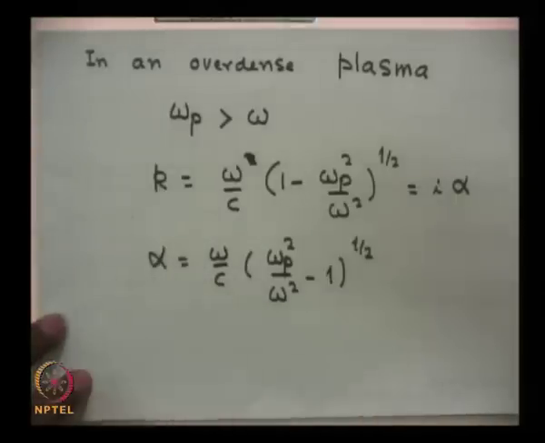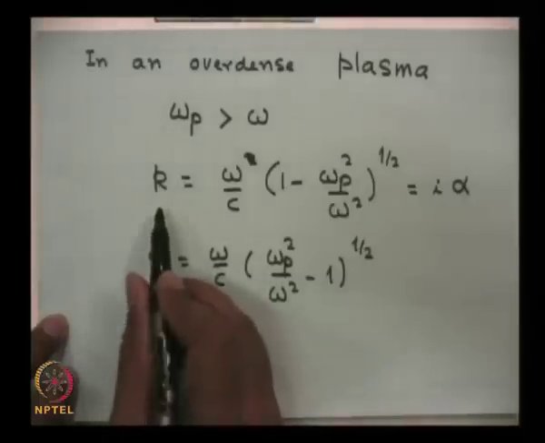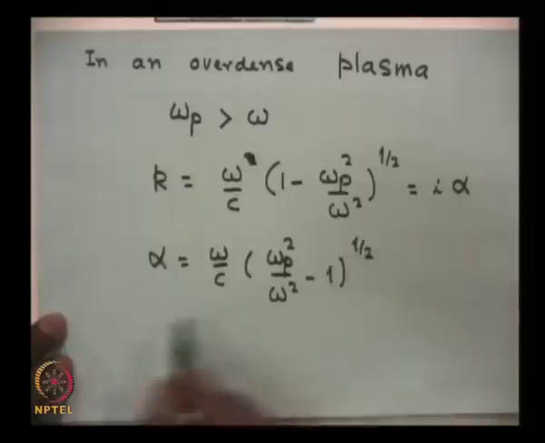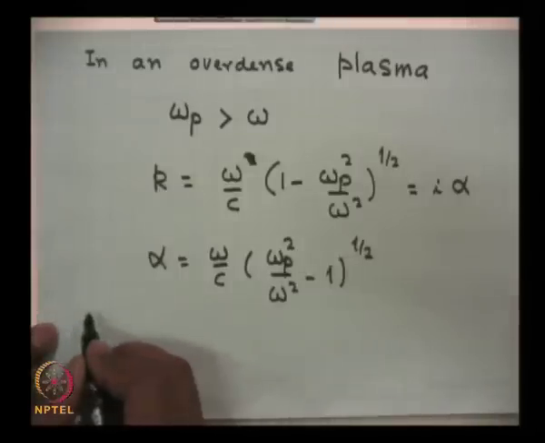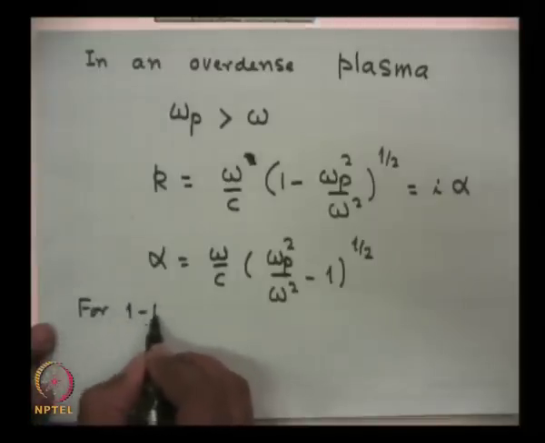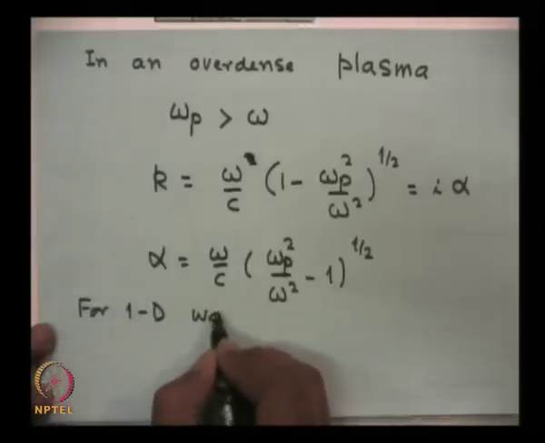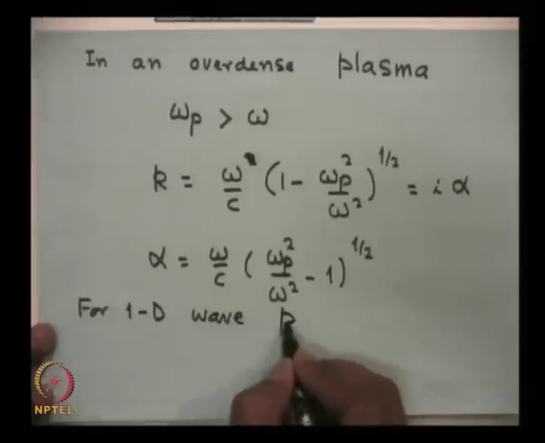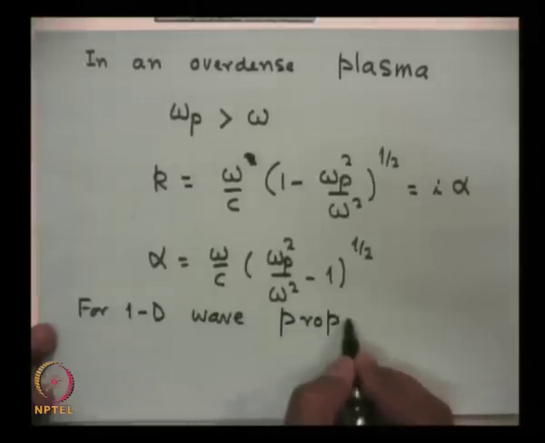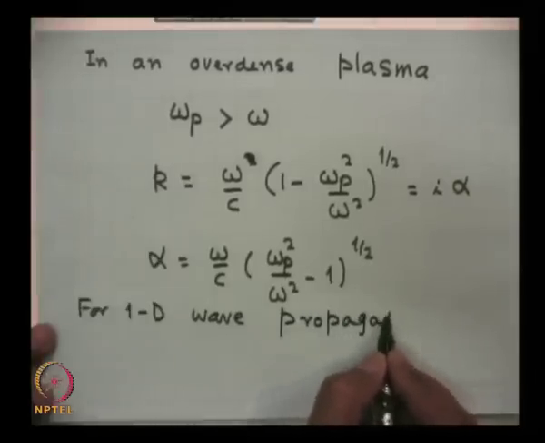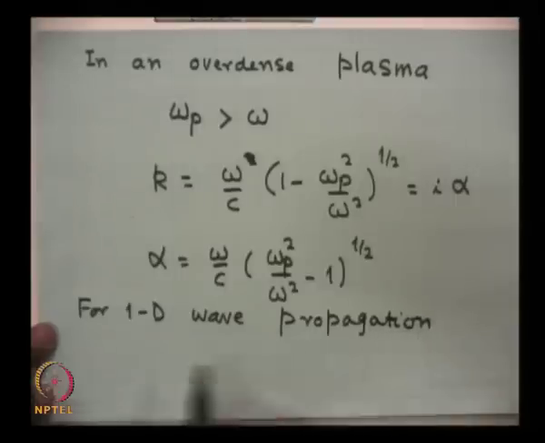But k is a vector quantity, I am a little worried. So, to appreciate the physical consequence of k being imaginary, I will consider wave propagation in one dimension. For 1D wave propagation, what am I going to do?